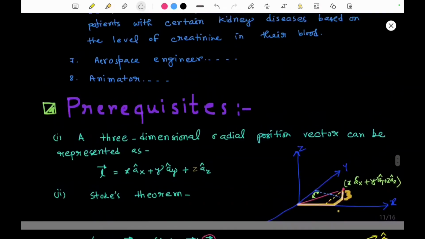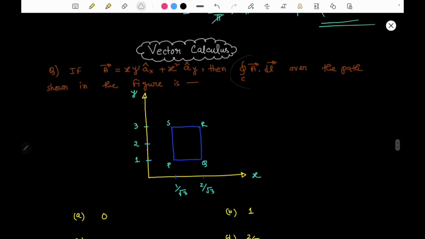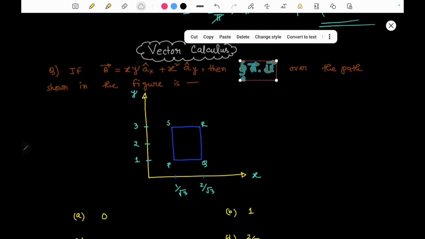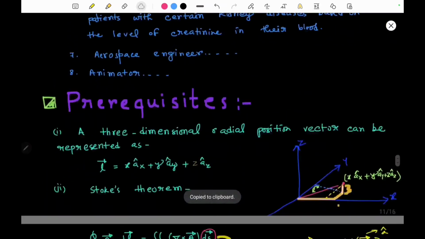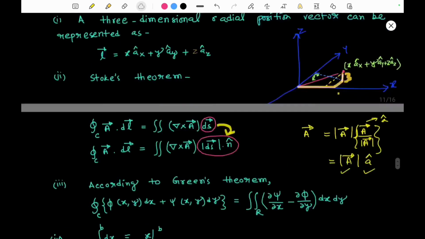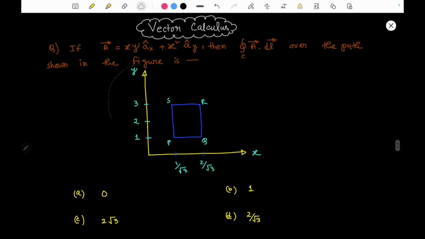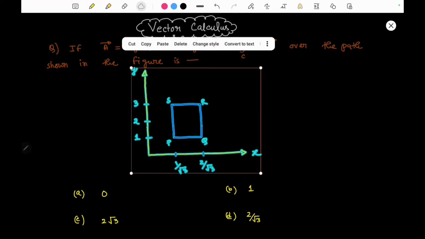Now we need to find out this closed integration, so we can copy this also. Now we are going to copy the graph, so that we can relate the solution properly.